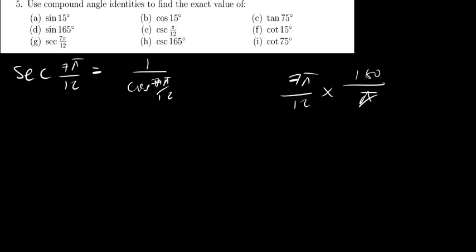Pi and pi will go. 180 divided by 12 is 15. So 15 times 7 is 105.